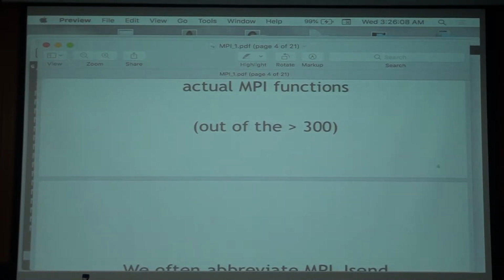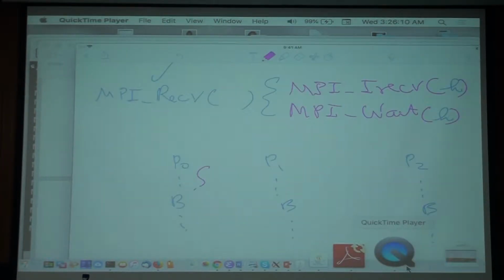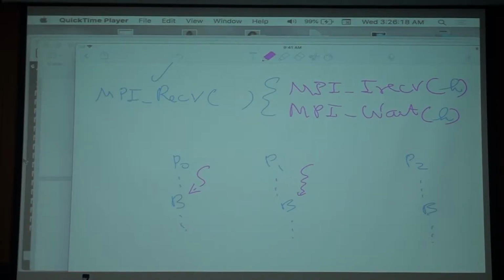So all these processes must reach their corresponding barrier before anyone can go past it. That's basically it, and its full name is MPI underscore barrier.